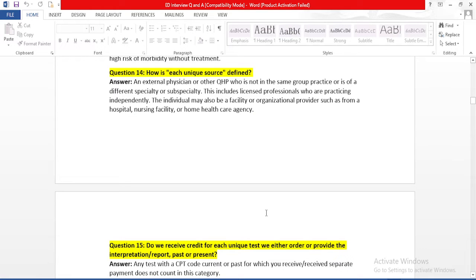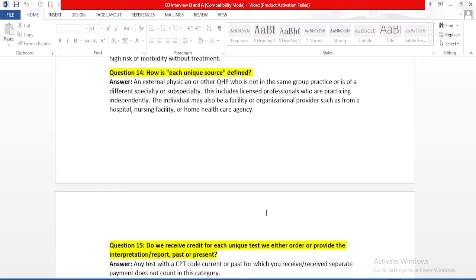Next question: how is each unique source defined? Answer: an external physician or other QHP, QHP meaning qualified health professional, or practitioner who is not in the same group practice or is of a different specialty or subspecialty. So in order to qualify as each unique source, the physician must not be from the same facility or same group or same specialty.